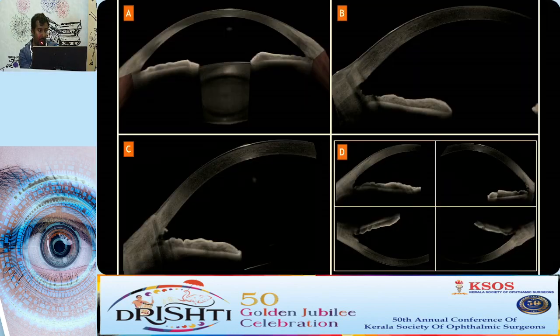And this is a slide where he shows the normal angle followed by the angle after a Kahook Dual Blade goniotomy, and I think this is a bang, and also the other ones where the iStent was implanted, you get a back shadowing at the angle.